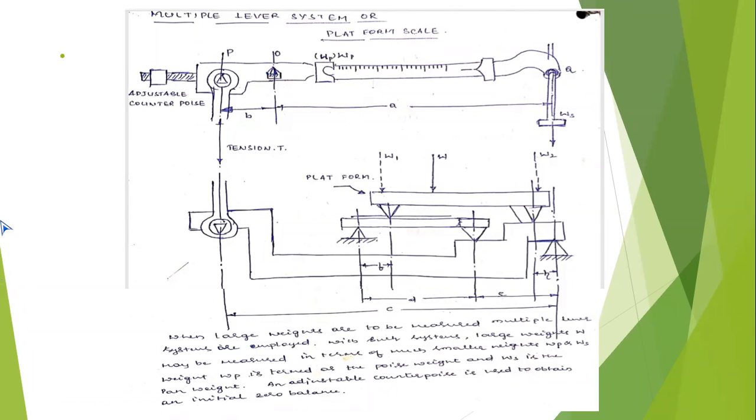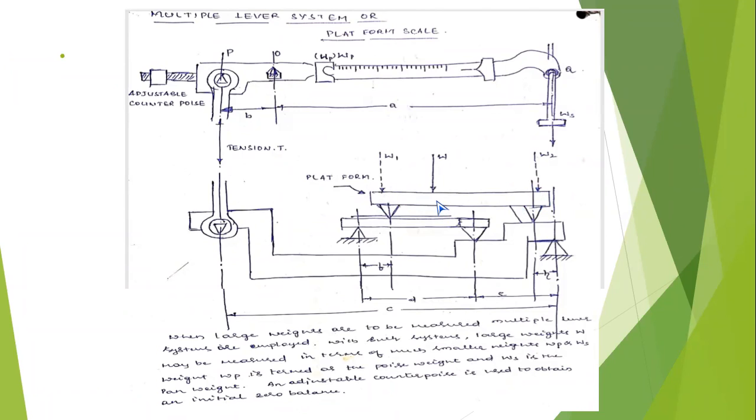What are all the parts or components present in the multiple lever system or platform scale? First, come to the point. The name itself indicates platform. So here, all of you observe, you have a platform here.